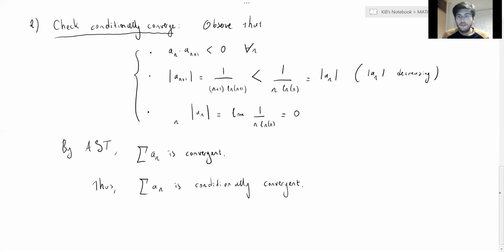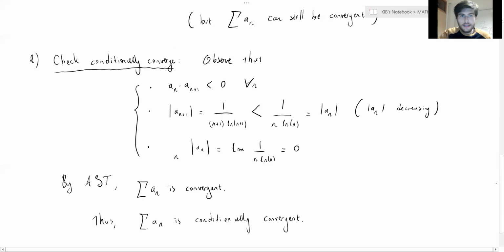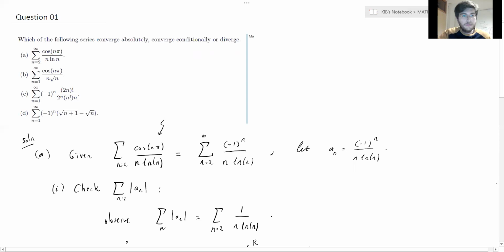Okay, that's all. If you go back, what we did was first look at the absolute value of the nth term.